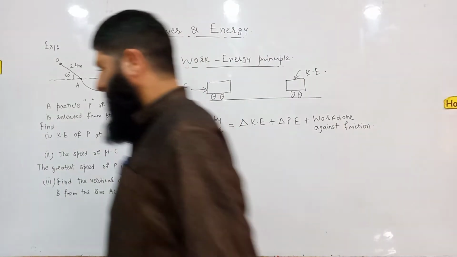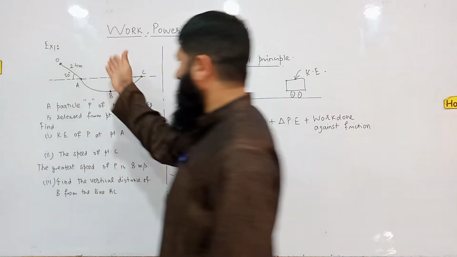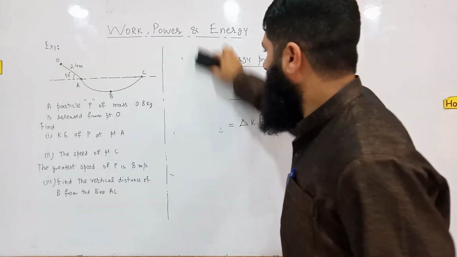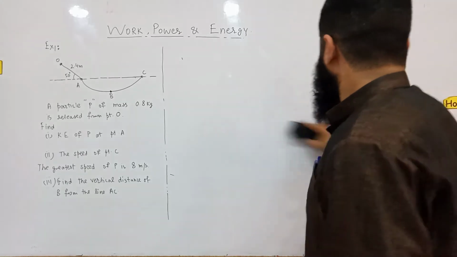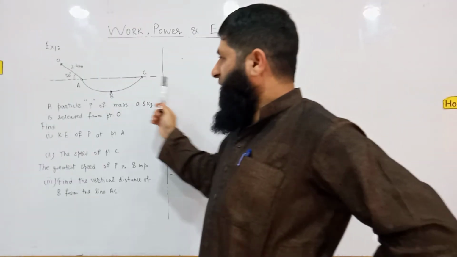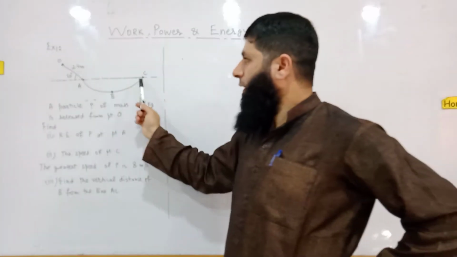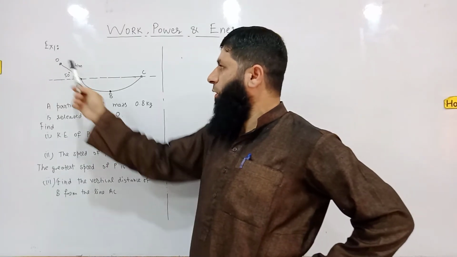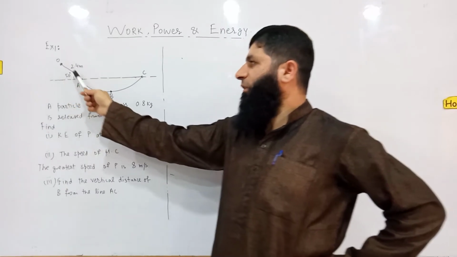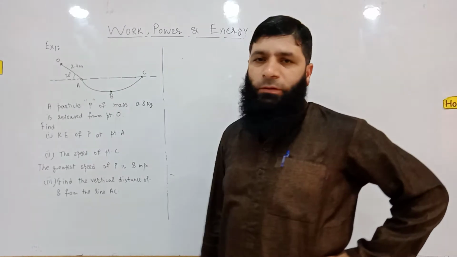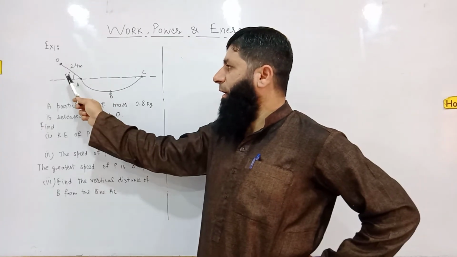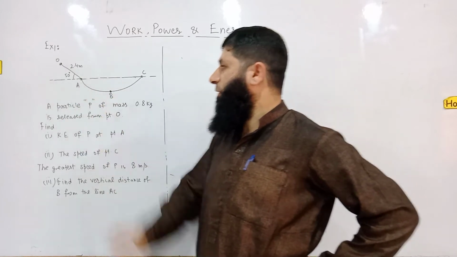Okay, now let's start an example. We will be utilizing these concepts in this example. This is a horizontal surface AC and a body is released from this point O, and the distance between point O and point A is 2.4 meters, and this inclined surface OA is making an angle of 50 degrees with the horizontal surface.